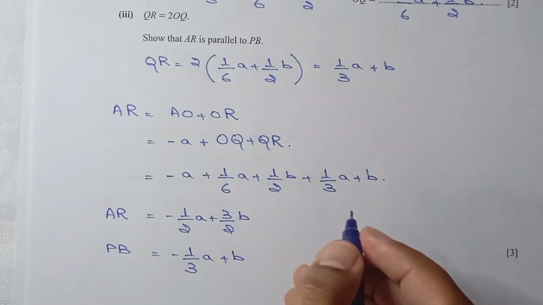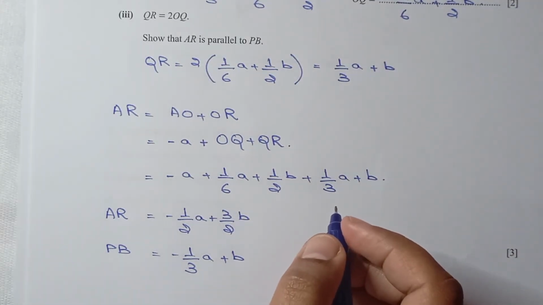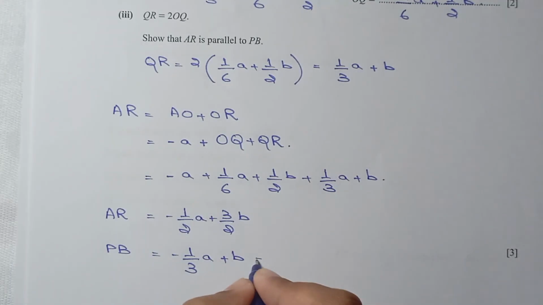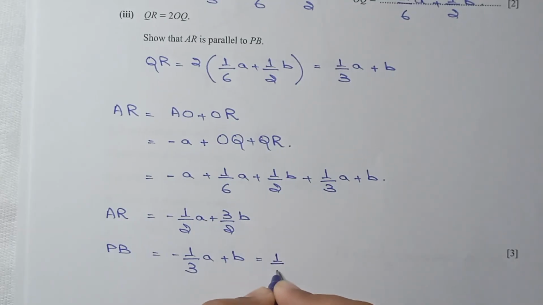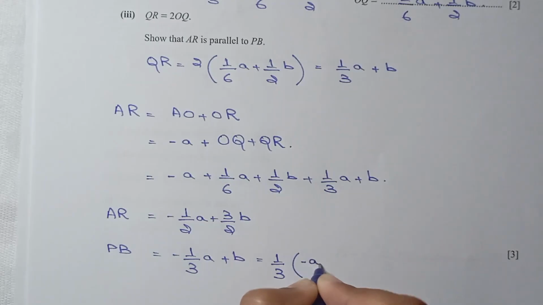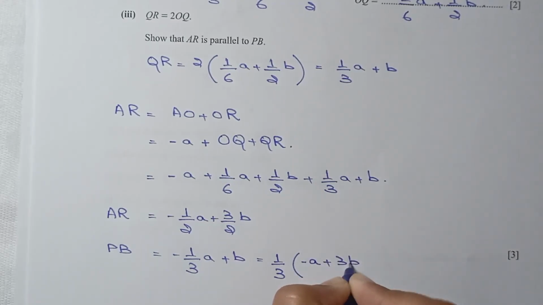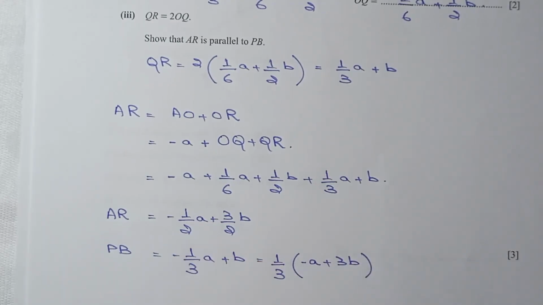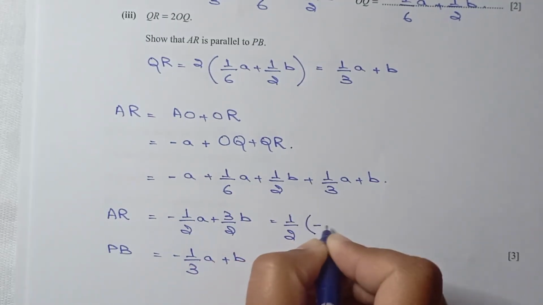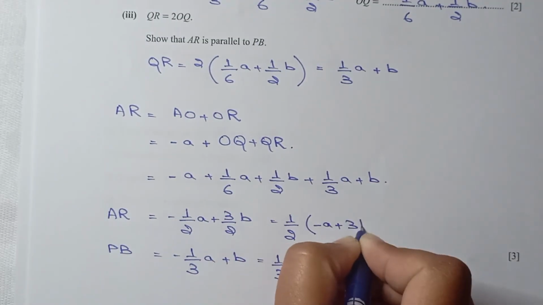So if we can make both of them equal by taking some common term out, if I take 1/3 out from PB, we have negative A plus 3B, right? And if I take 1/2 out from here, we have minus A plus 3B, right?